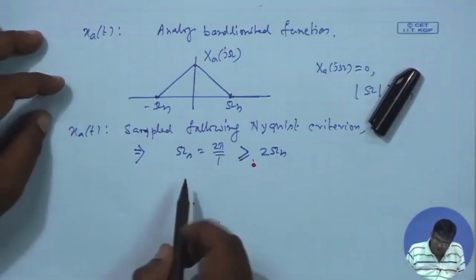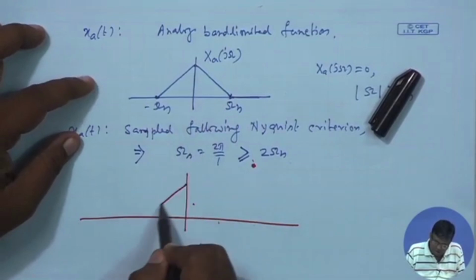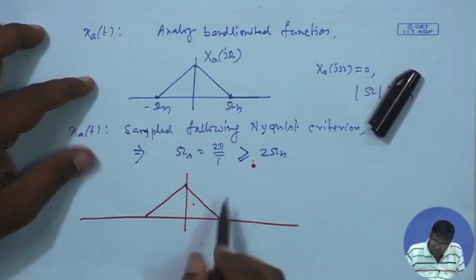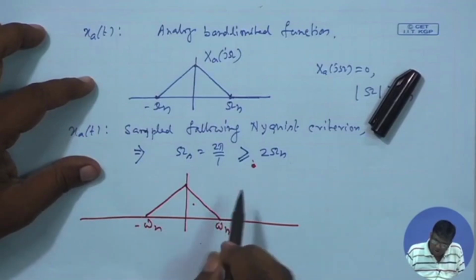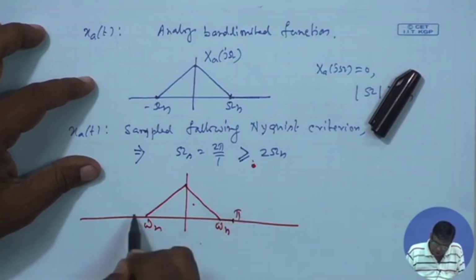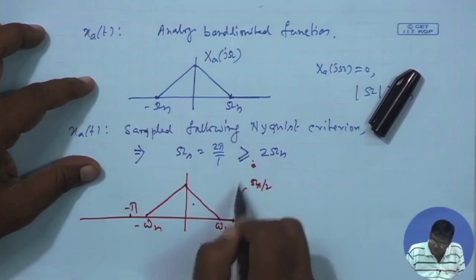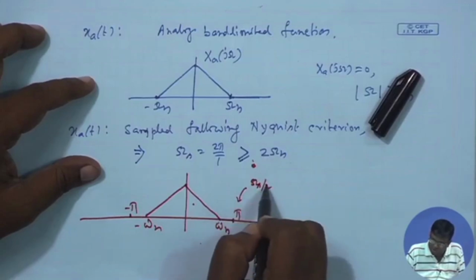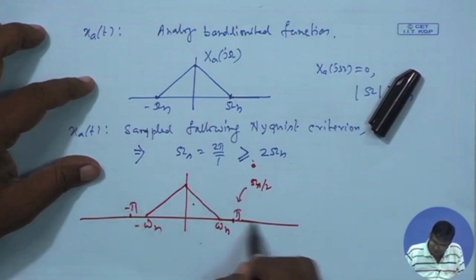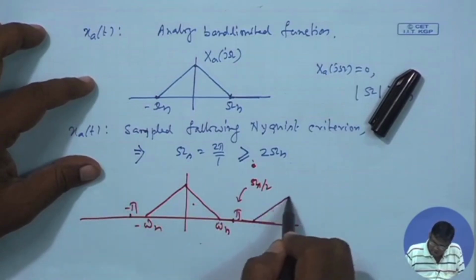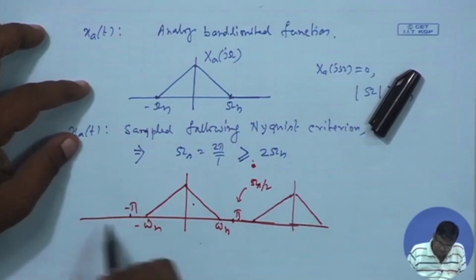We have seen the DTFT will be like this, and a replica of that will come here. It will be omega h, and it will go up to pi and minus pi. This corresponds to omega s by 2, the analog sampling frequency by 2, which in the digital domain maps to pi, and minus of that maps here, and again dot dot dot.